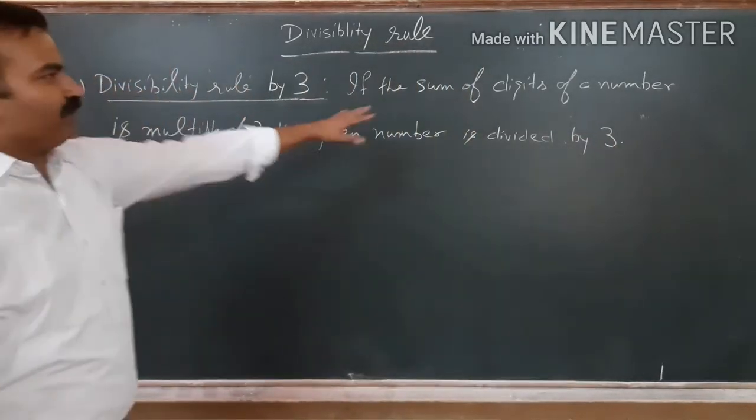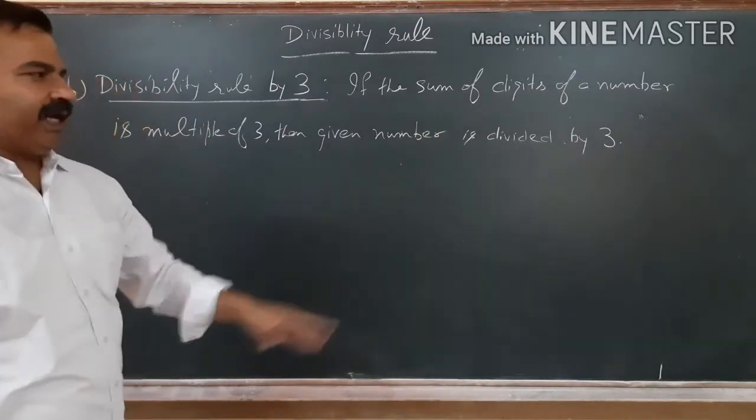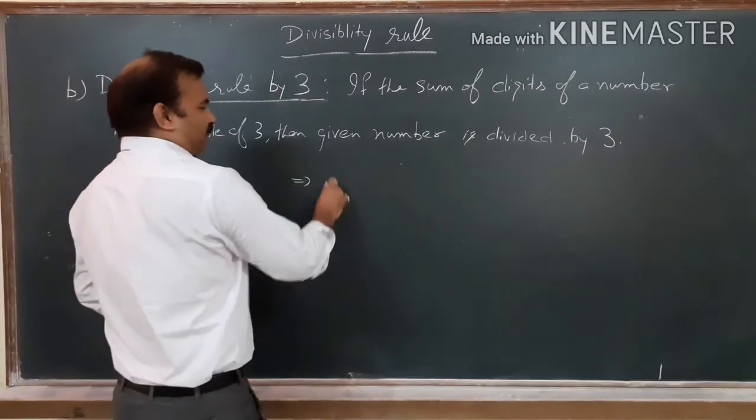If the sum of the digits of a number is a multiple of 3, then the given number is divisible by 3.